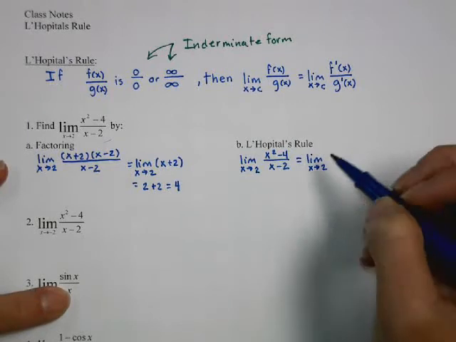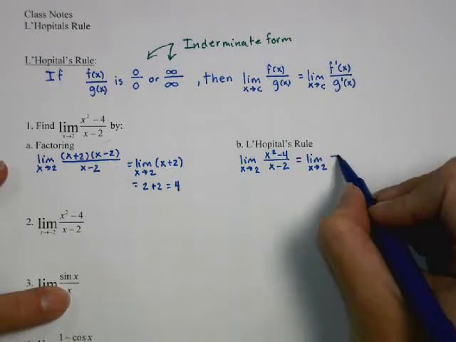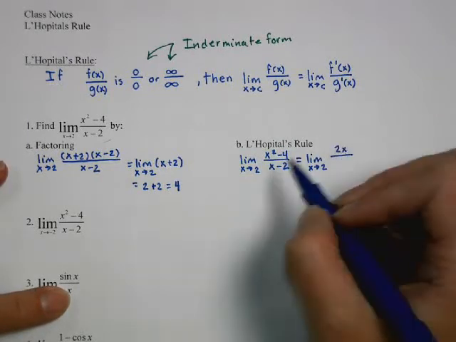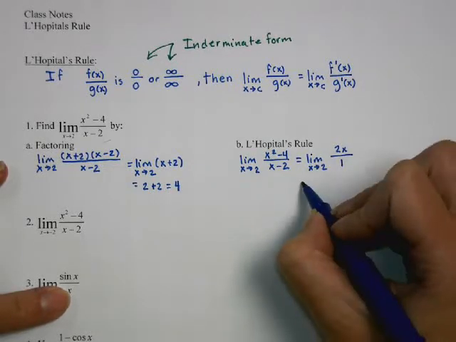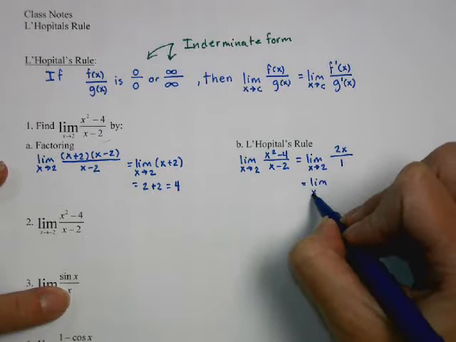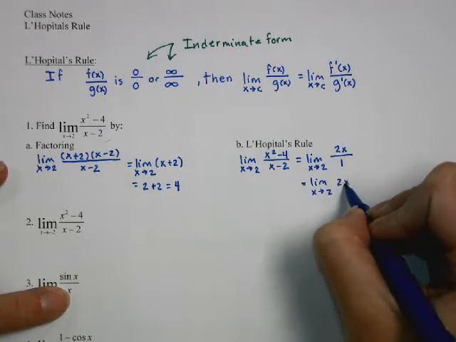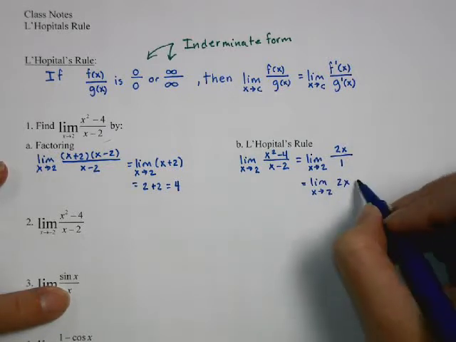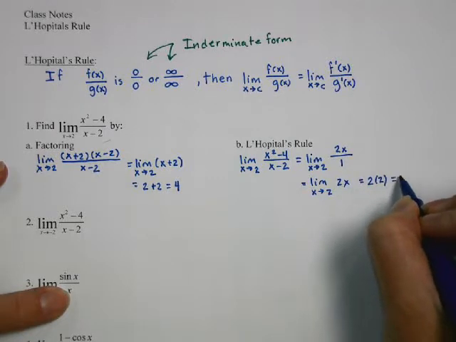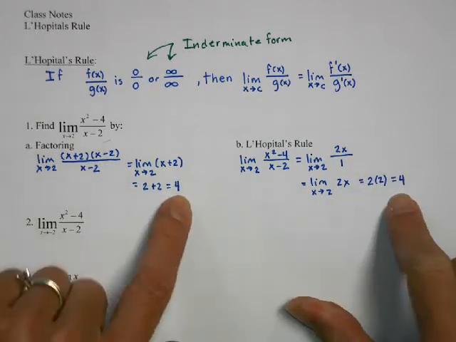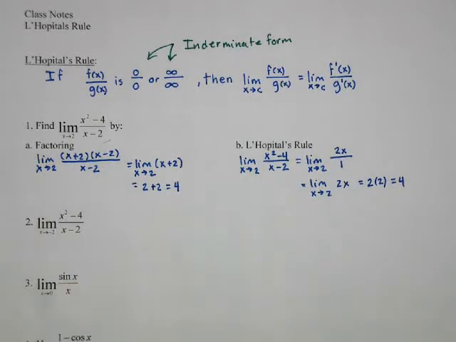Now you're not using the quotient rule or anything here. You're simply taking the derivative of the top, which would be 2x, over the derivative of the bottom, which would be 1. This simplifies to just 2x, and I evaluate that limit by plugging in 2. So this is 2 times 2, which is 4, which is good news because that's what we already established.